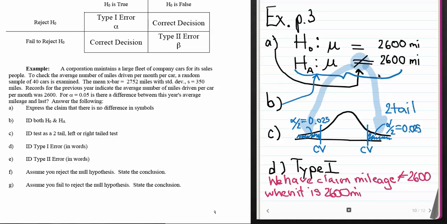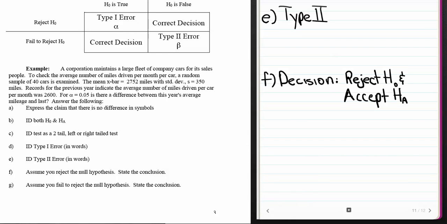Now we're going to do a type 2 error. Remember, a type 2 error is failing to reject the null when the null is actually false. So in this one we've said the mileage is 2,600 when it is really not equal to 2,600.